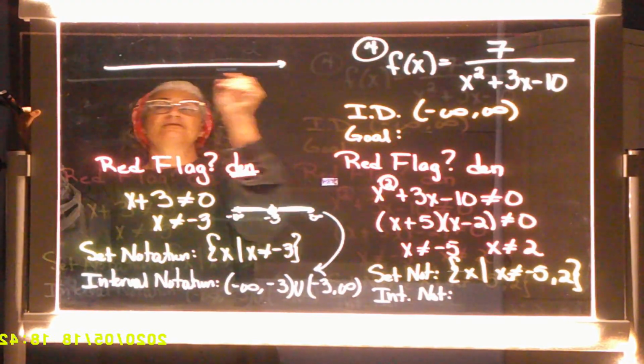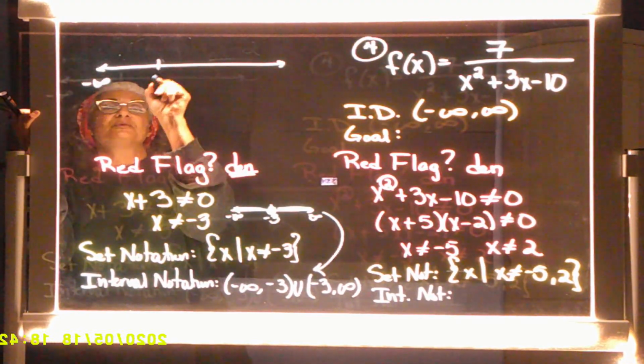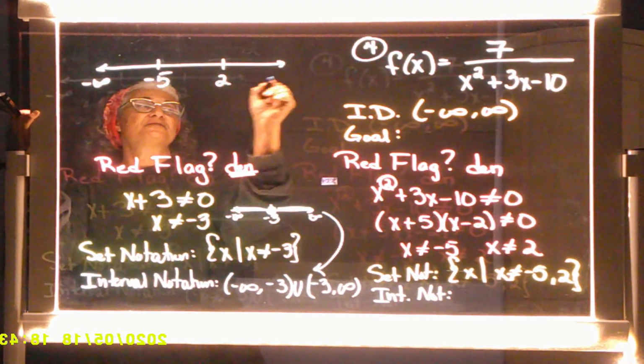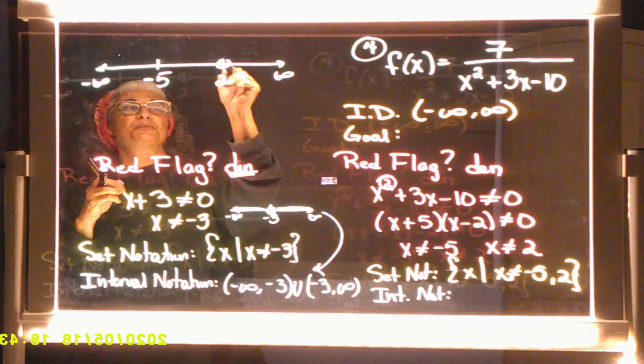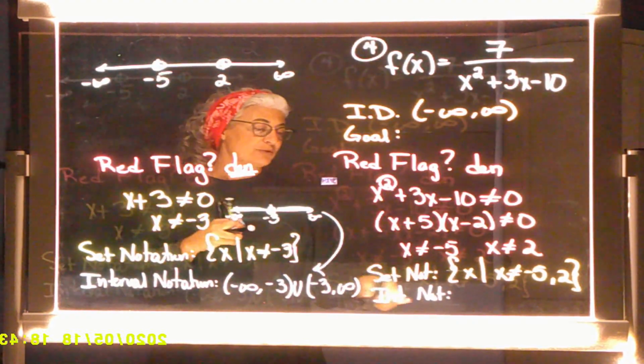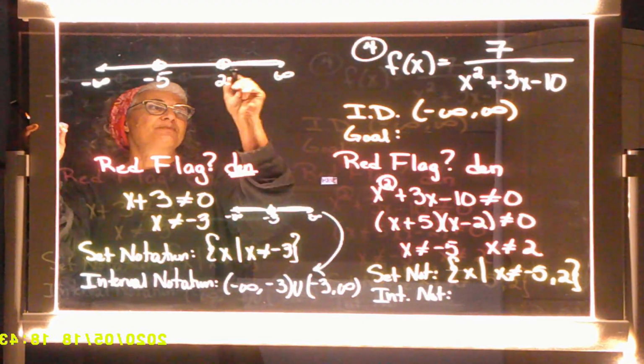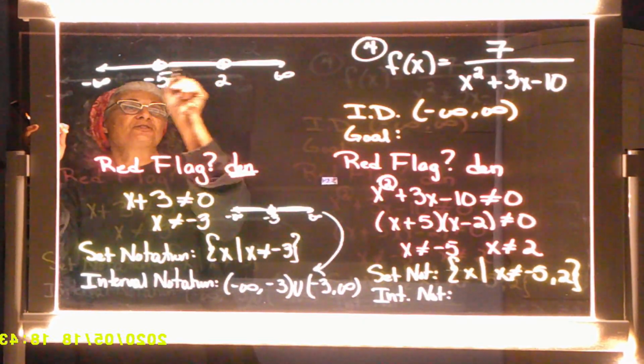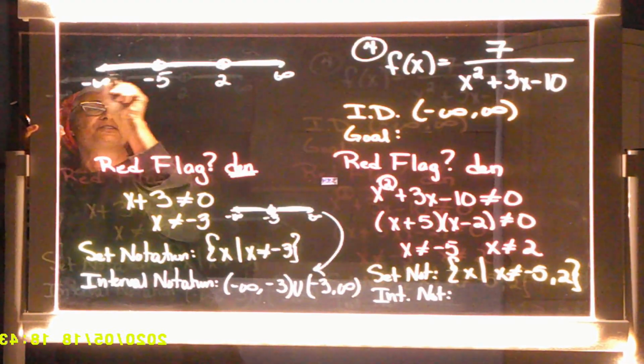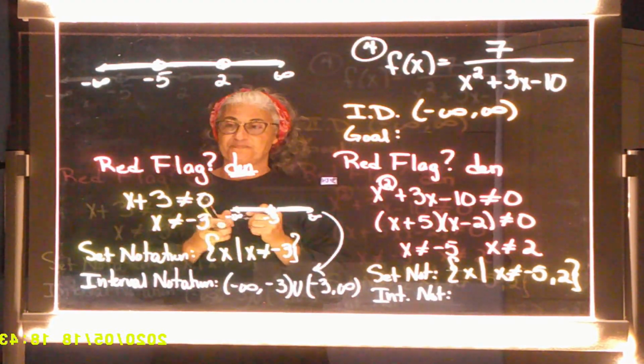So we have negative 5, we have positive 2, and those are both open circles because x cannot equal those, right? X cannot equal those. But x can be all of these numbers and all the numbers in between and all the numbers out here, can't they?